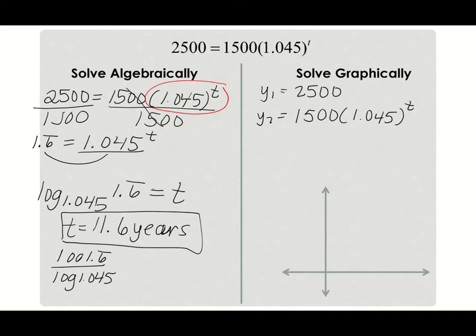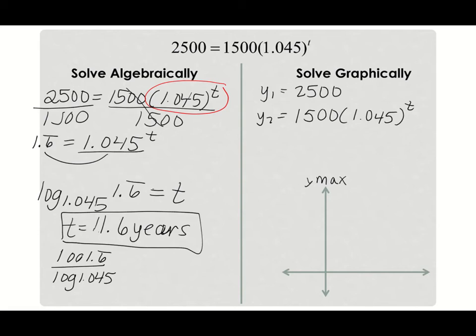So go ahead, pause the video, and plug that into your graphing calculator, and go ahead and adjust your window and find this intersection. Now, if I'm thinking about where this is, y1 is going to be a horizontal line at 2,500. So to see my intersection, I'm going to have to go all the way up, adjust my y max above 2,500 at least in order to see this.